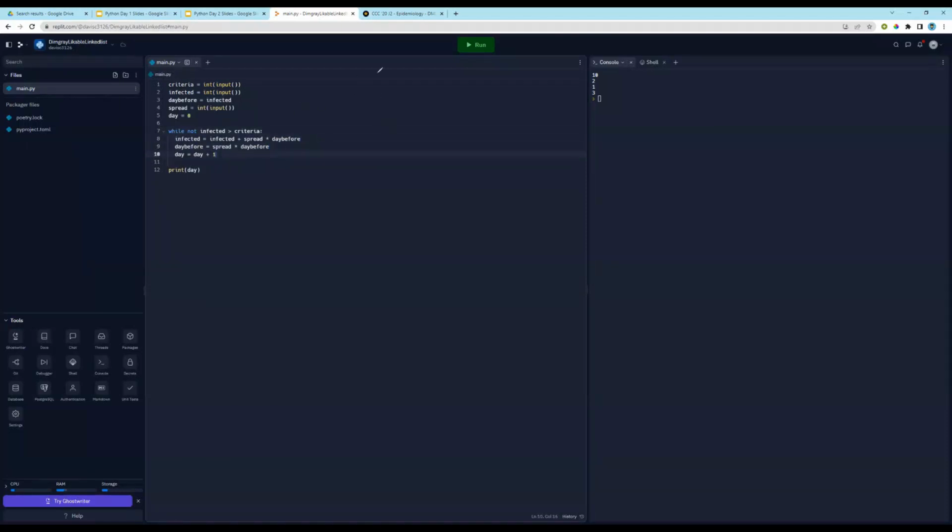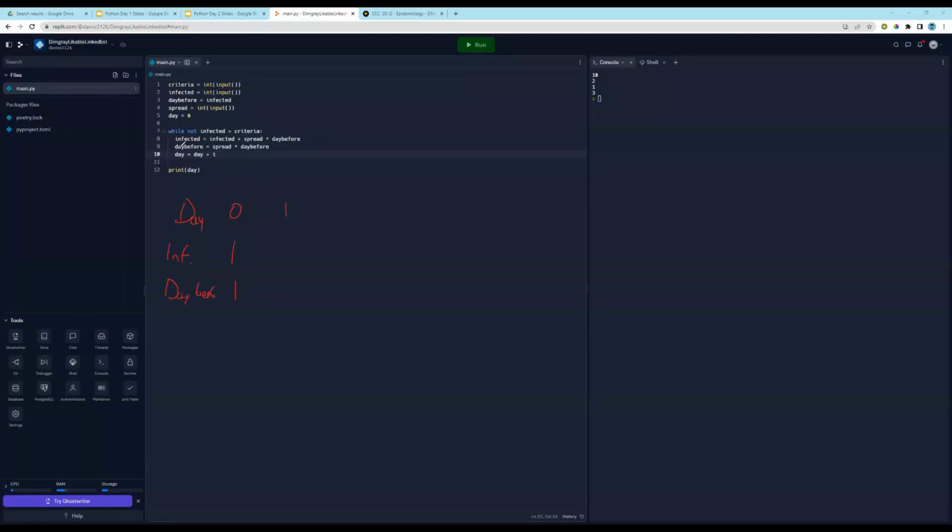So again, if this is confusing, basically how it works is let's say we have day 0, we have 1, right? Or infected. So right now this is our infected value, and this is our day before value. So on day 0, they're both 1.